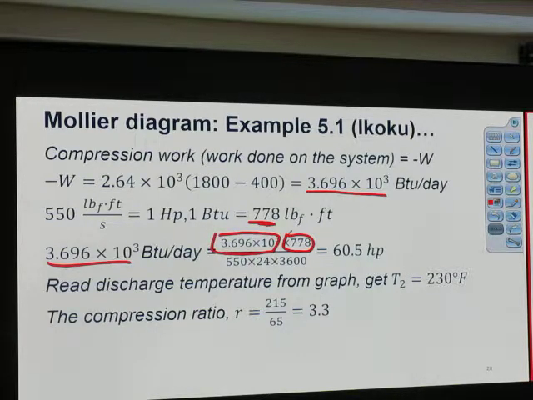I divide by that number to convert from pound force foot per day to pound force foot per second. And I know that every 550 pound force foot per second is 1 horsepower. That's why I divided by 550. Then I get 60.5 horsepower.